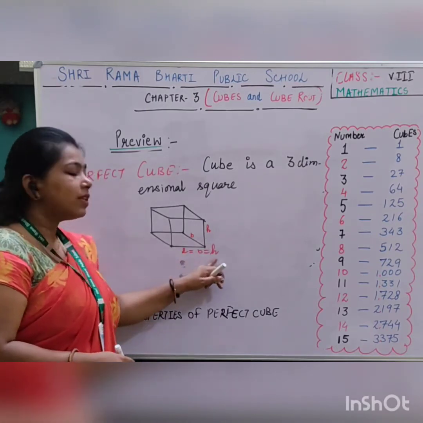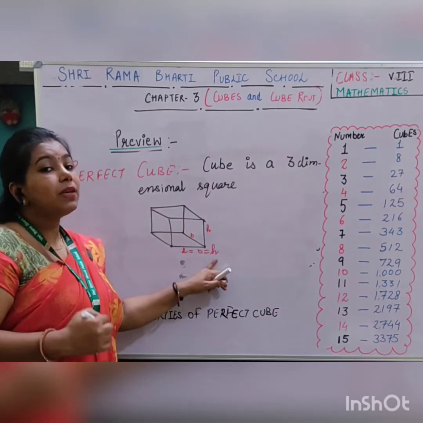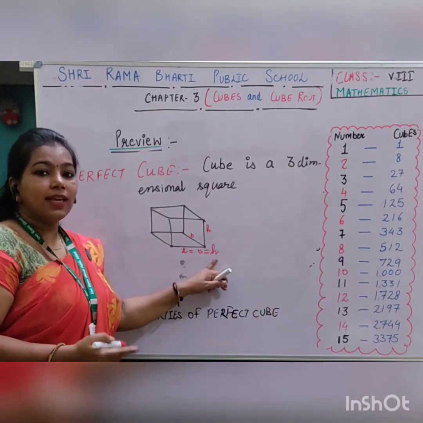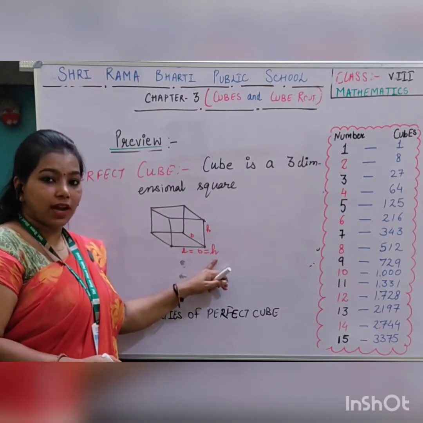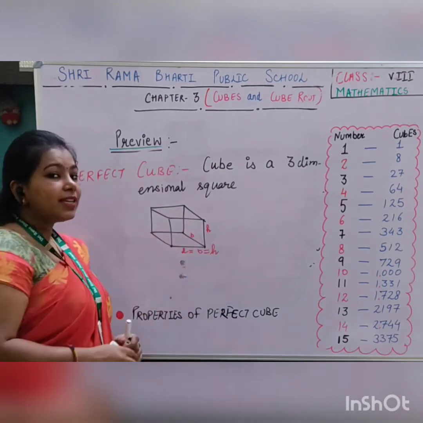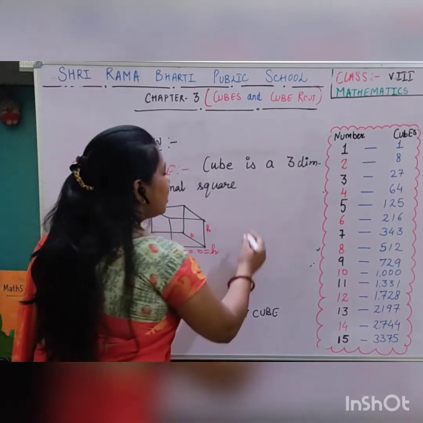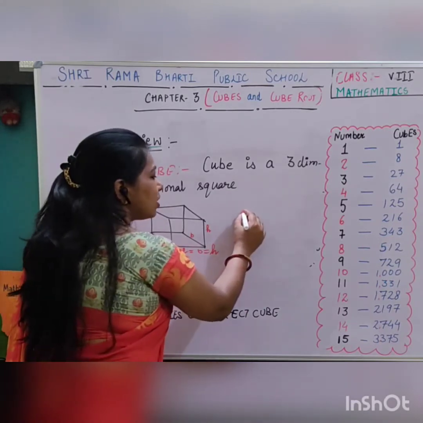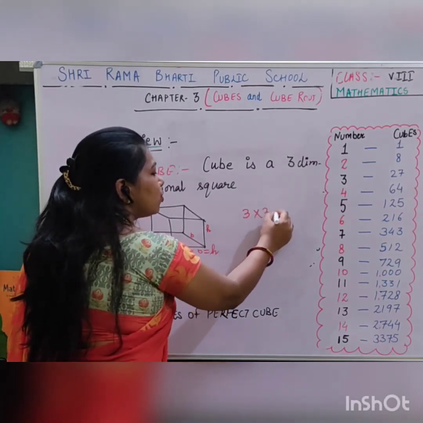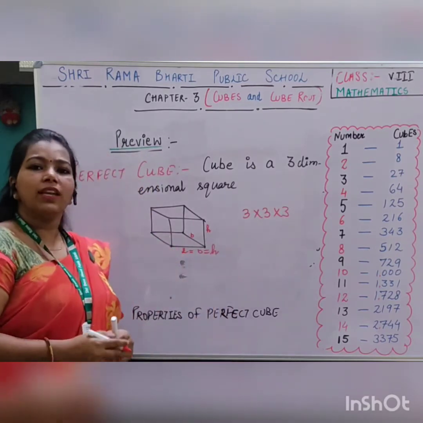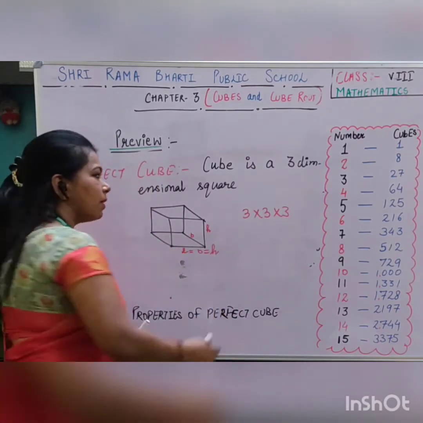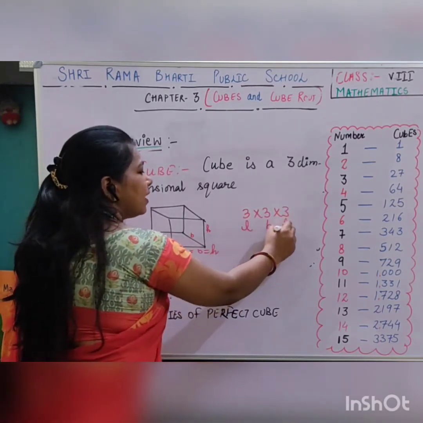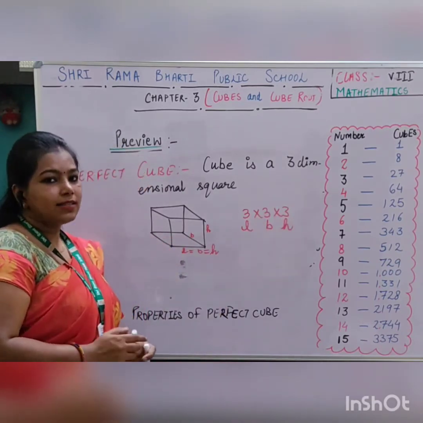If any of these dimensions is unequal, then it would not be possible for us to form a perfect cube. Let's suppose I ask you to draw a cube with the dimension 3 into 3 into 3, then perfectly you can form a cube because our length, breadth and height are the same.